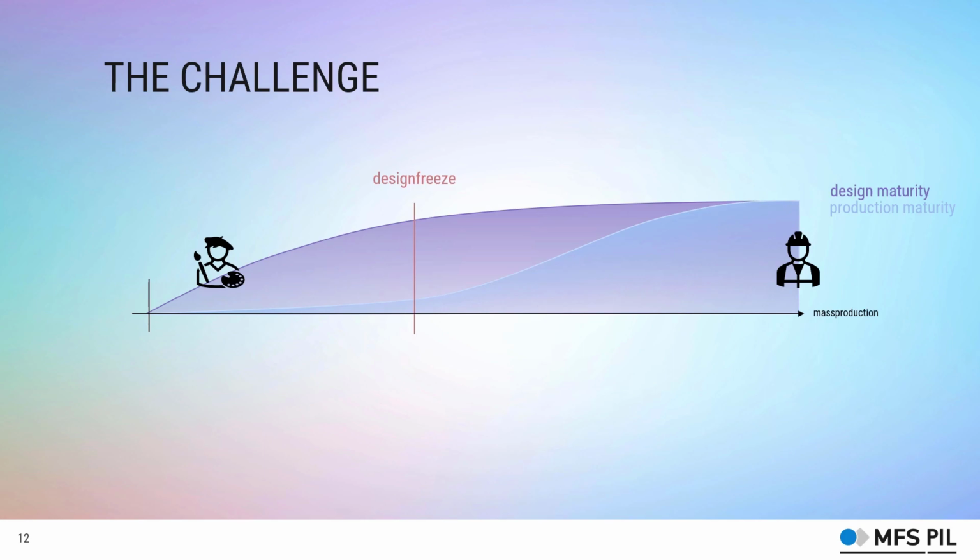Additionally, from the engineer's perspective, you have the production maturity, which means how producible the car actually is. Of course, engineers are involved from the very beginning, but in the beginning it is highly a consulting job, and the further you go, the more intense it becomes, especially after the design freeze.